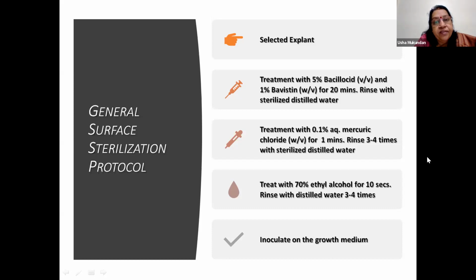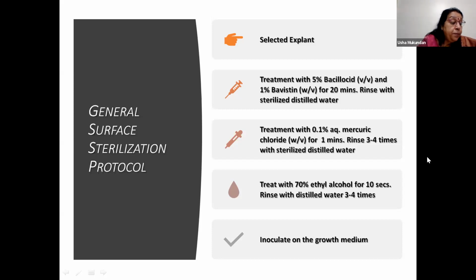It is always 70% ethanol. If ethanol is not available, then isopropyl alcohol can also be used. Here we are talking about sterilizing the explant material, so for just 10 seconds, you bring the explant material in contact with 70% ethyl alcohol.